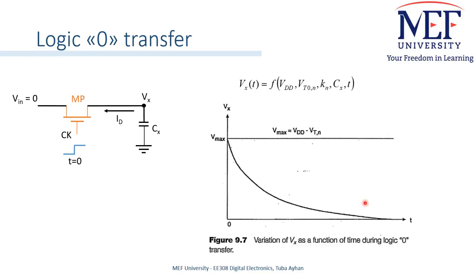We will get this curve. The voltage level at terminal X will drop from Vmax, which is VDD minus Vt, to 0. Unlike the charge-up case, the applied input voltage level, logic 0, can be transferred to the soft node without any modification. It means we can reach 0 volts at Vx.